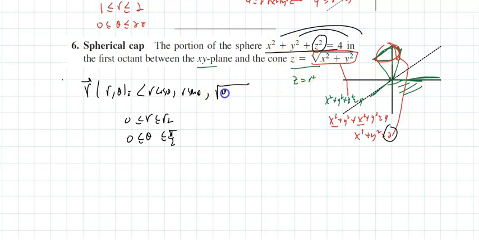Square root of 4 minus x squared minus y squared, r squared, right? And I'm going to have r run from, oh crap, r is going to run from the square root of 2 to 2.